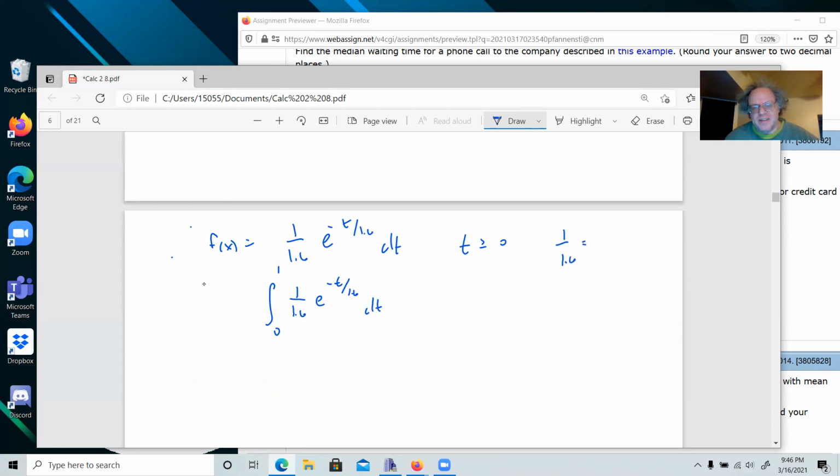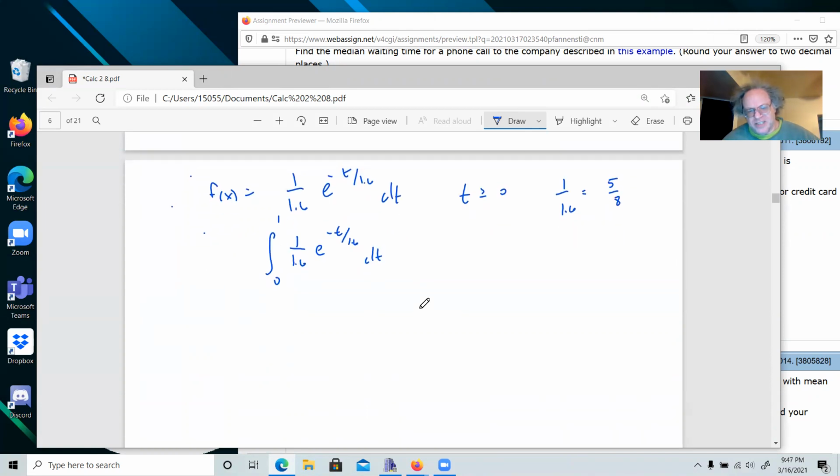Isn't that 5/8, something like that? Yeah. So I'm going to go ahead and change this to a fraction just because I find it a little bit easier to work that way. So we have 5/8 integral 0 to 1, we've taken care of that, e to the negative 5t over 8 dt.